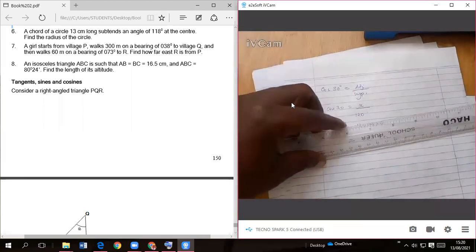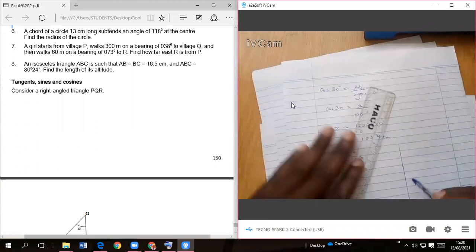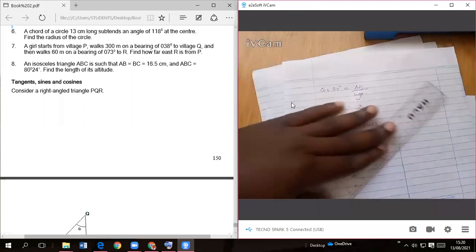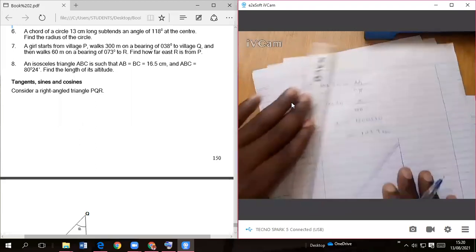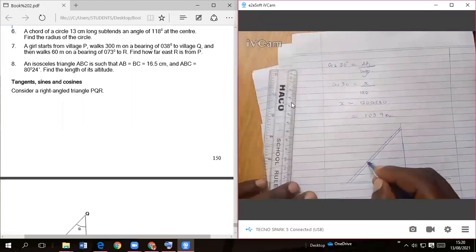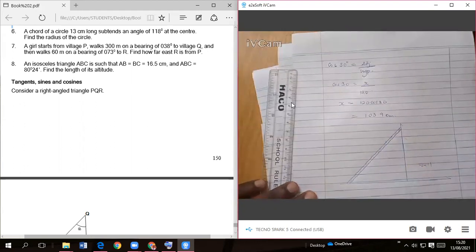If this is the wall, and this is the base, there is a ladder leaning against the wall. No, we are not using the cosine rule, but this is cos.